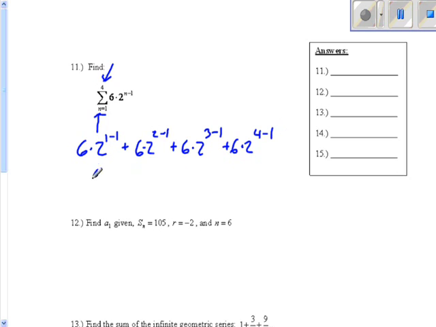So this is going to be 6 plus 12 plus 24 plus 2 to the third power is 8 times 6 is 48. And now I just need to add these together.